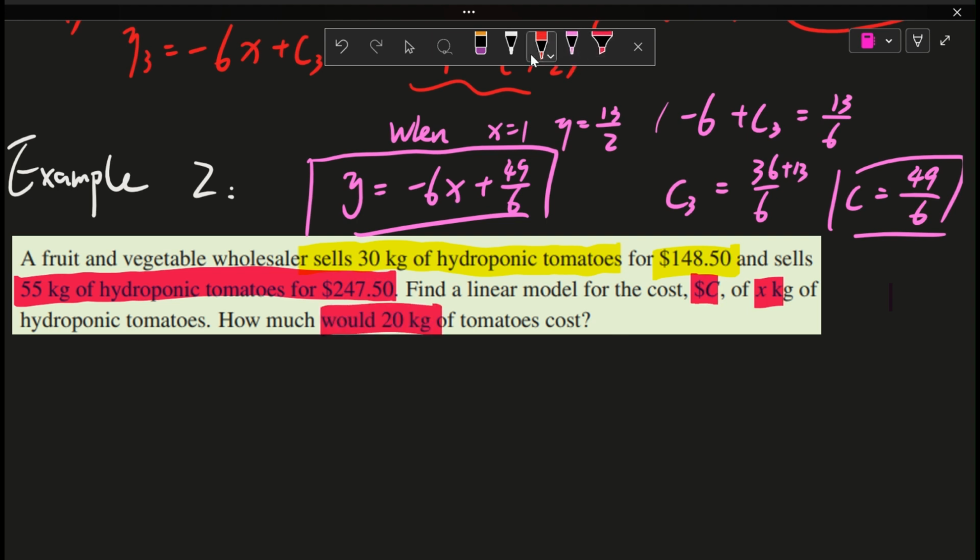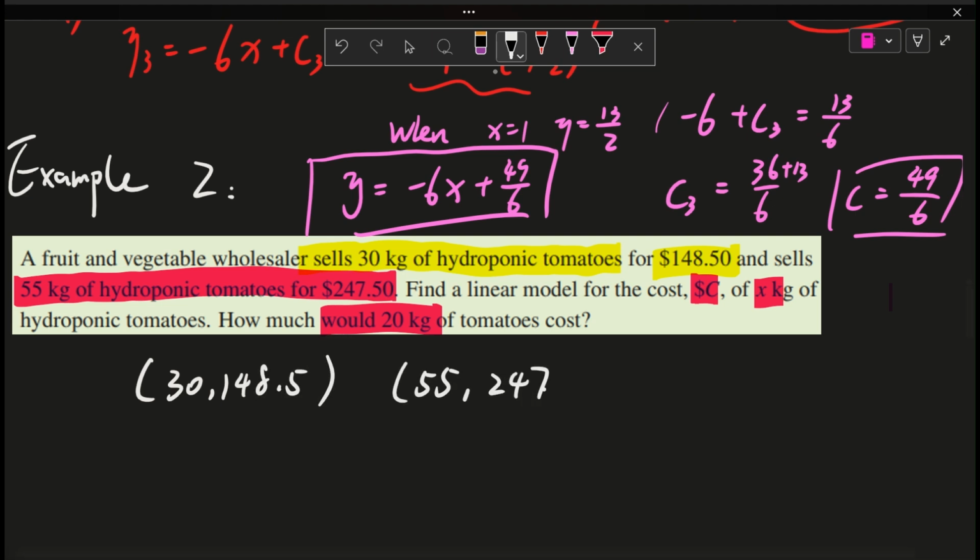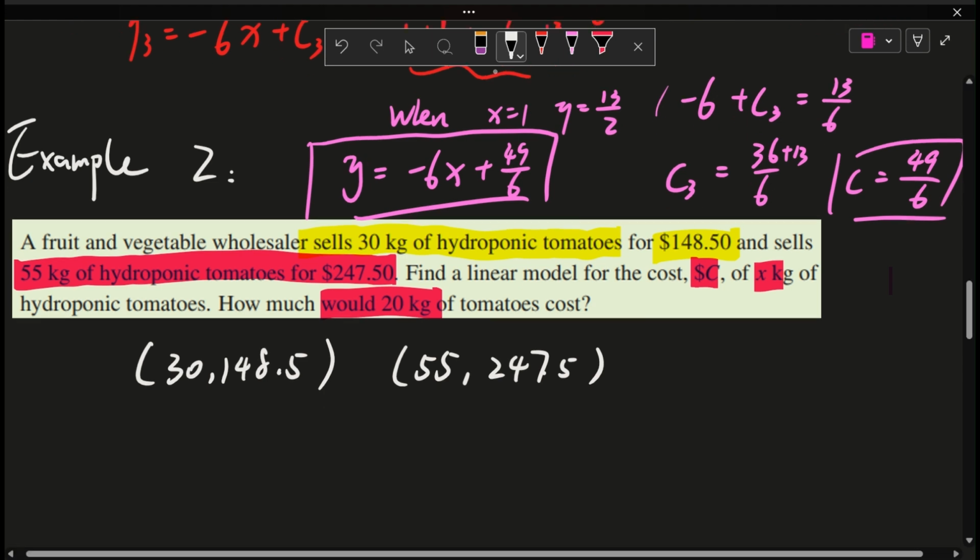So let's have a look at this question. My first point is (30, 148.5). The second point is 55 with 247.5. All right, we're definitely going to use the CAS calculator for this question.